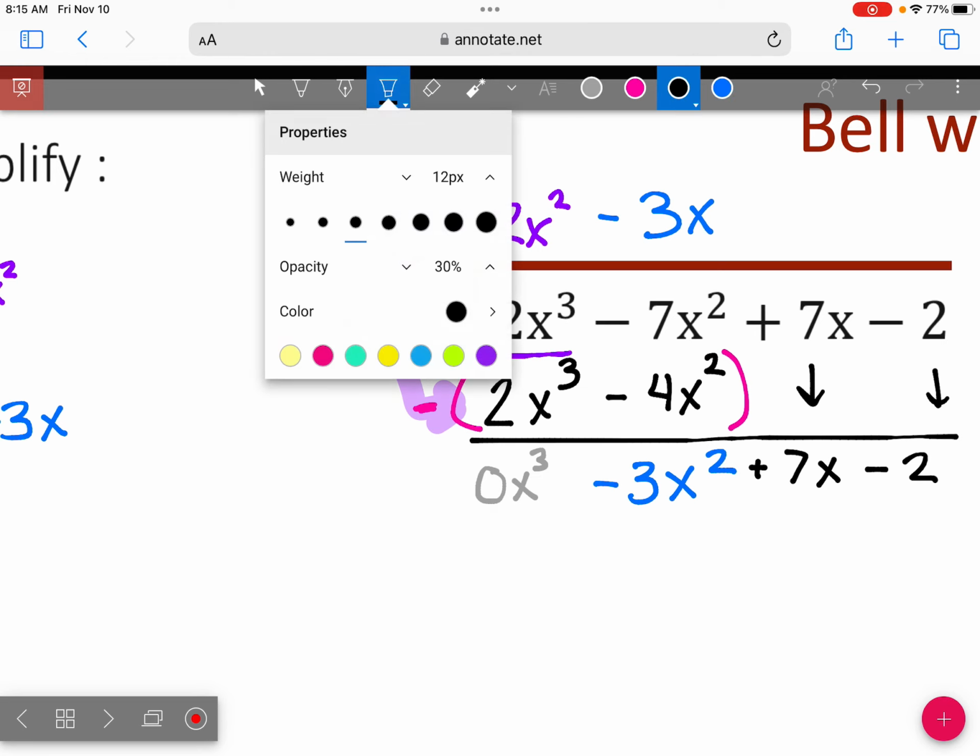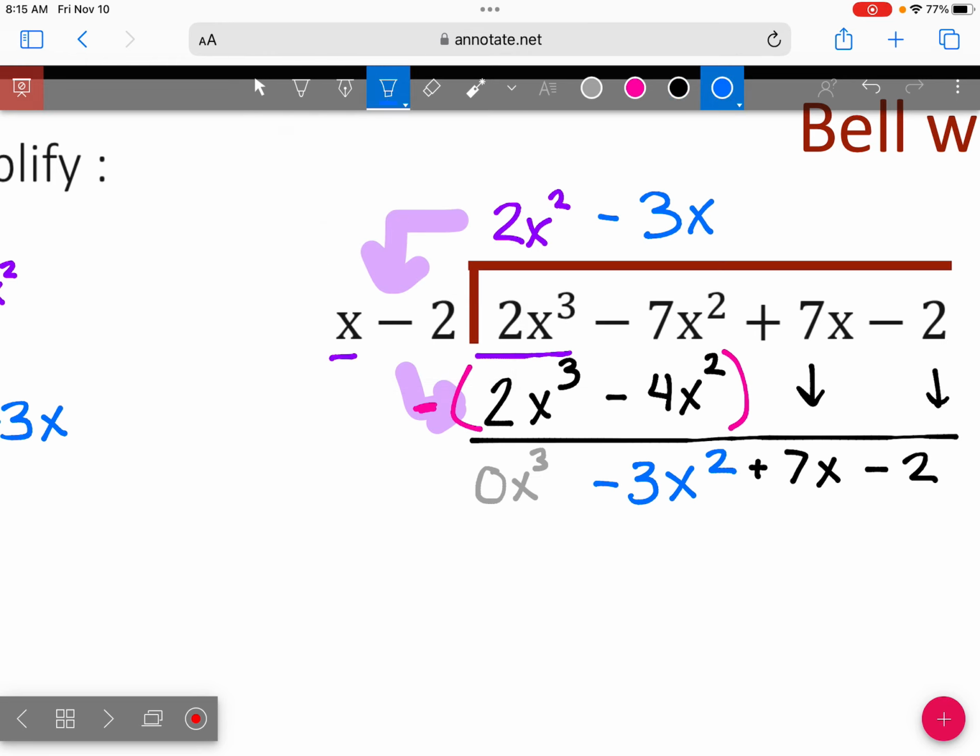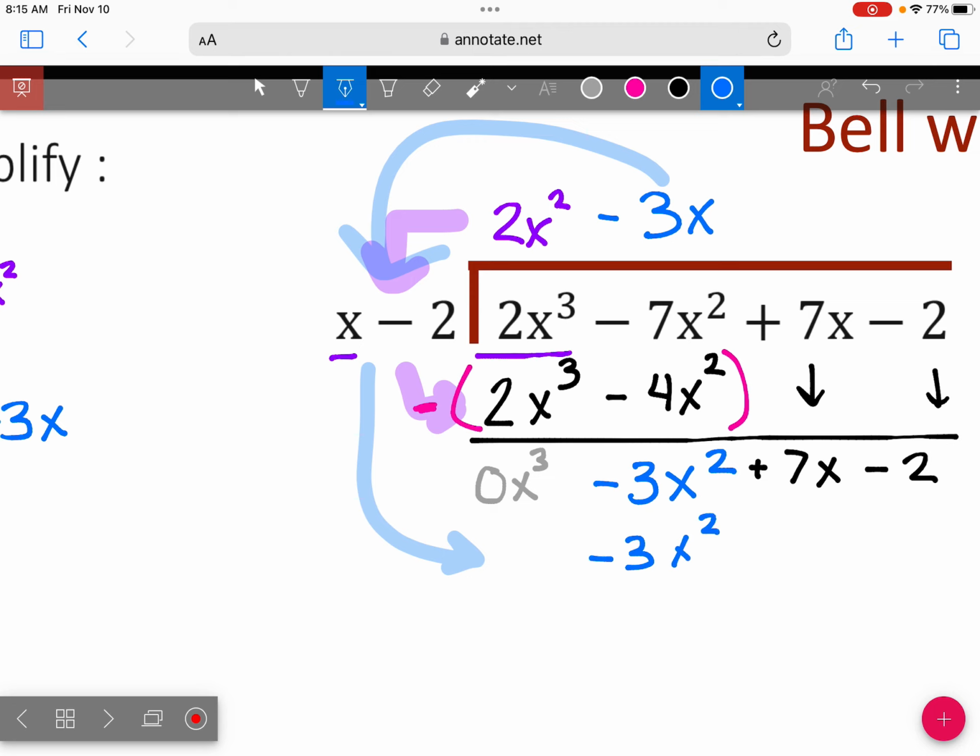Because then when I take my -3x times this whole term and put it under here, we get -3x squared plus 6x. And we're going to subtract that whole line.